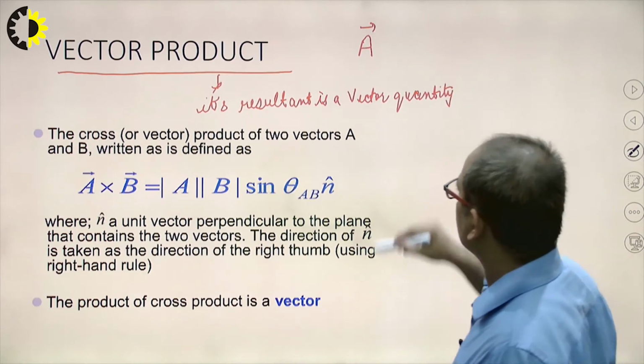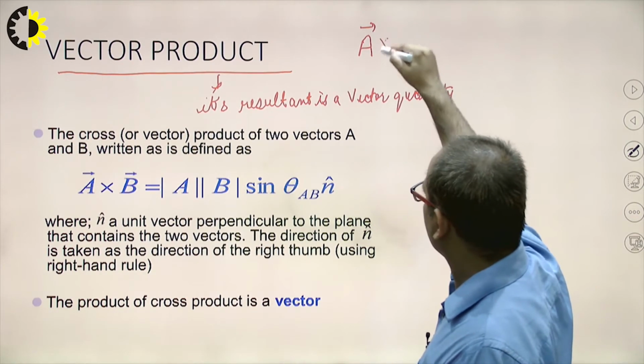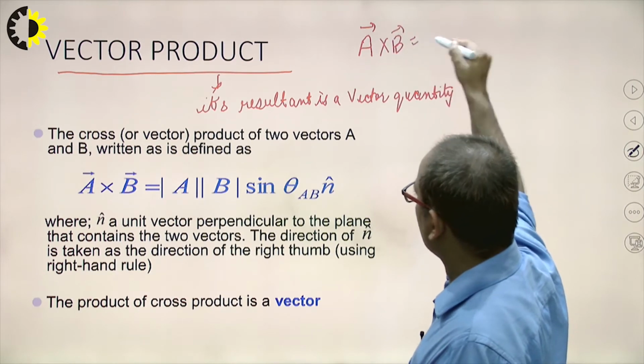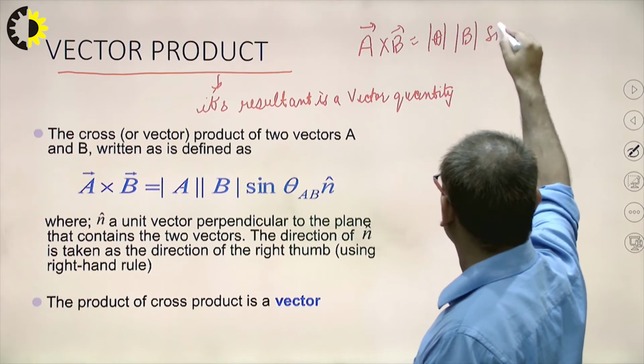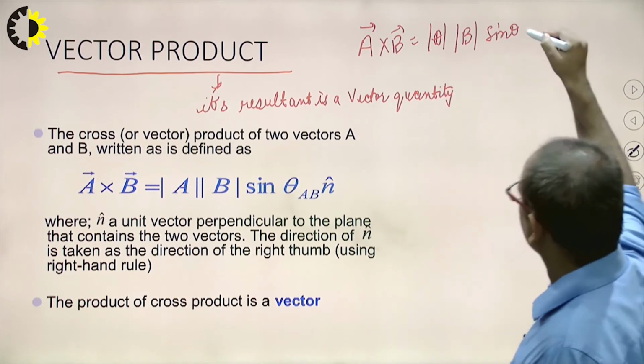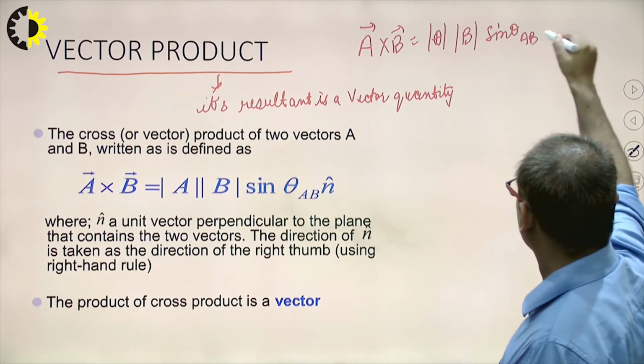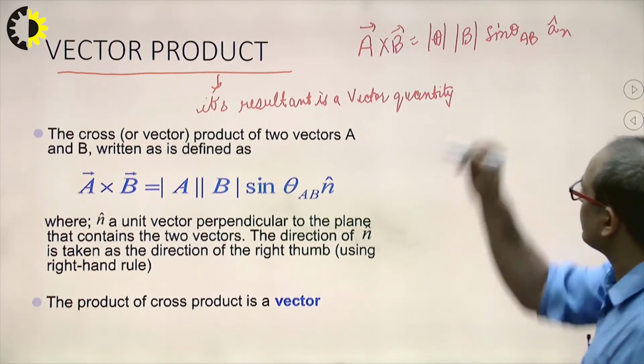Clear? Now A vector cross B vector is equal to AB sin theta a cap n. Clear?